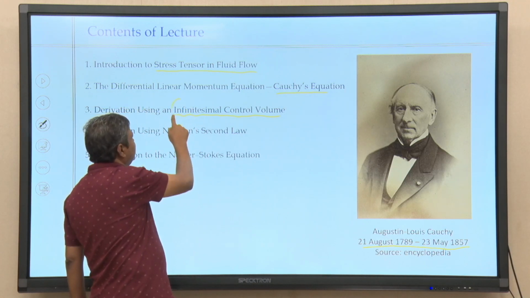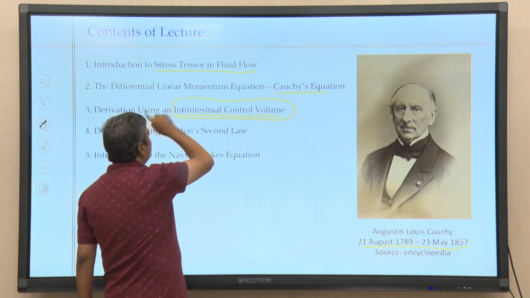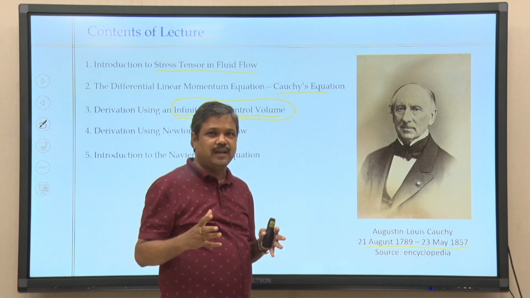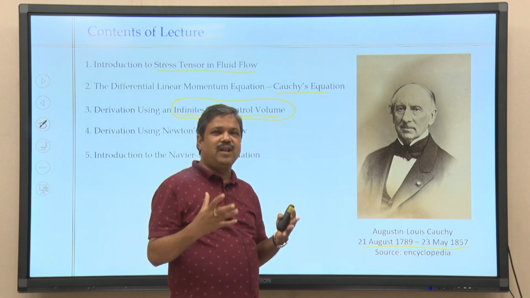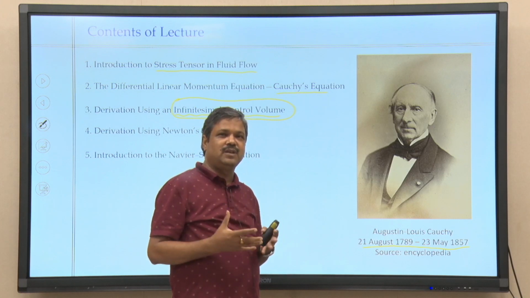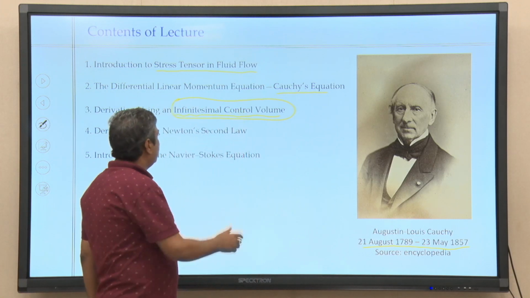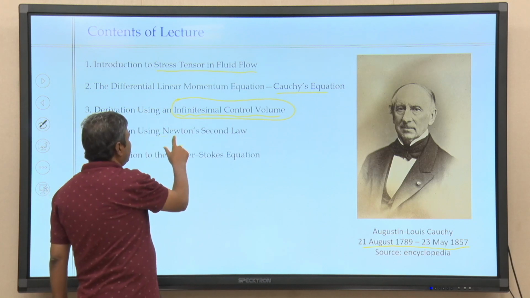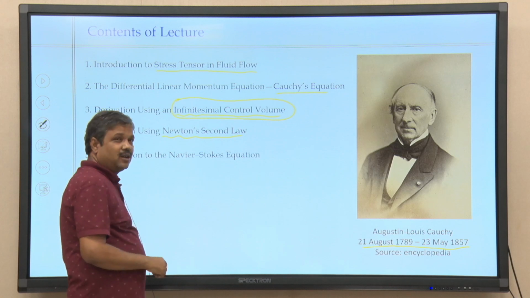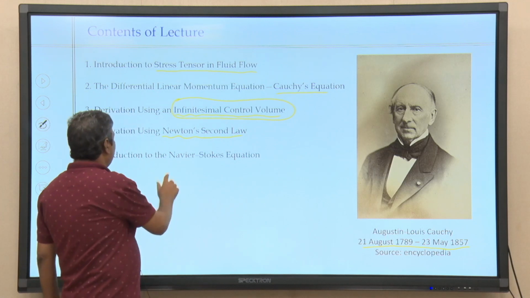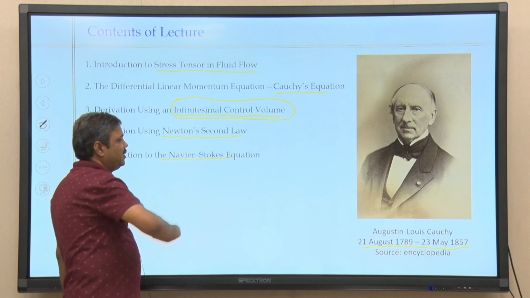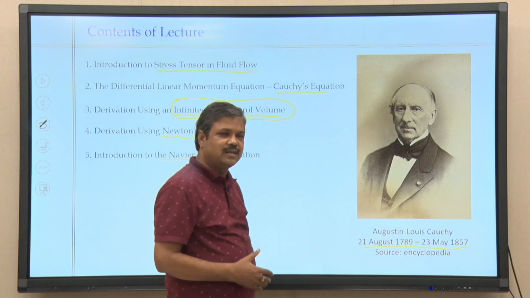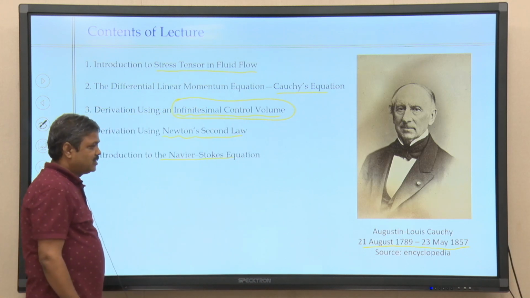That is the very easy concept we will follow: to consider an infinitely small control volume, so that we can apply the Taylor series concept to derive the components of mass flux and momentum flux. The same equations we can look at in terms of Newton's second law, and we will give very brief information at an introductory level on Navier-Stokes equations.